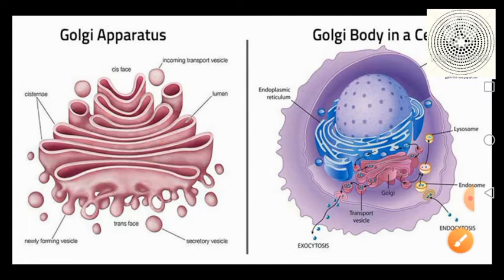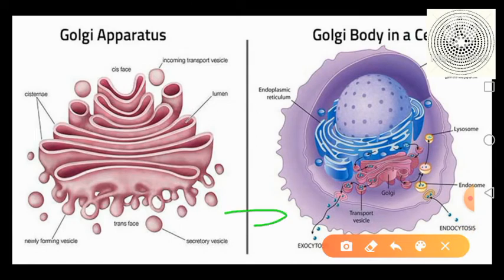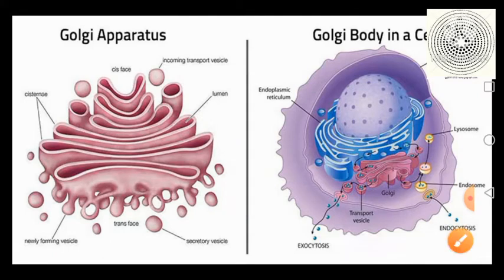You can see these flattened pouches which stack over each other. That is simply known as the Golgi complex.